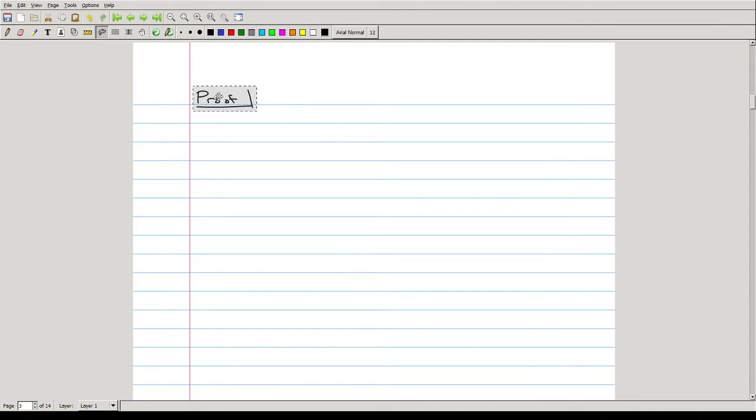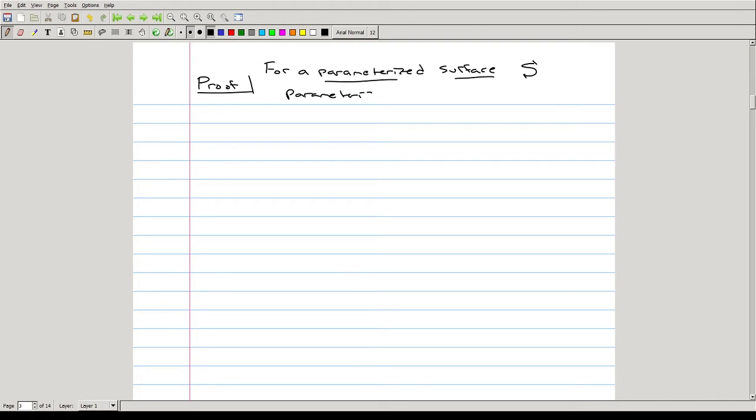We'll assume that we have a parameterized surface S. Specifically, we'll assume that S is parameterized by some function R of u, v, for u and v in some domain D, some region in UV space.